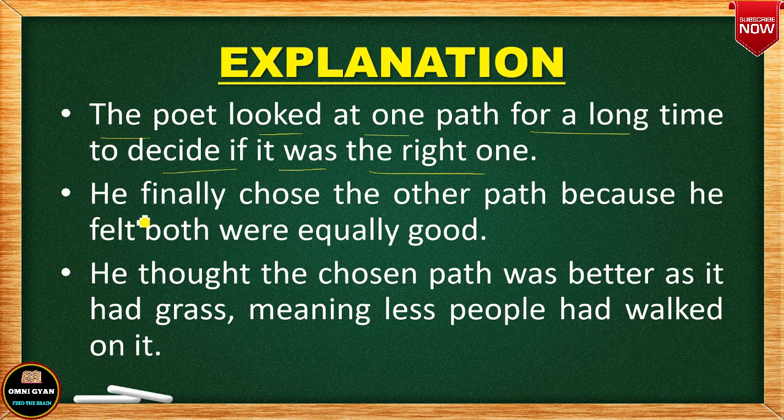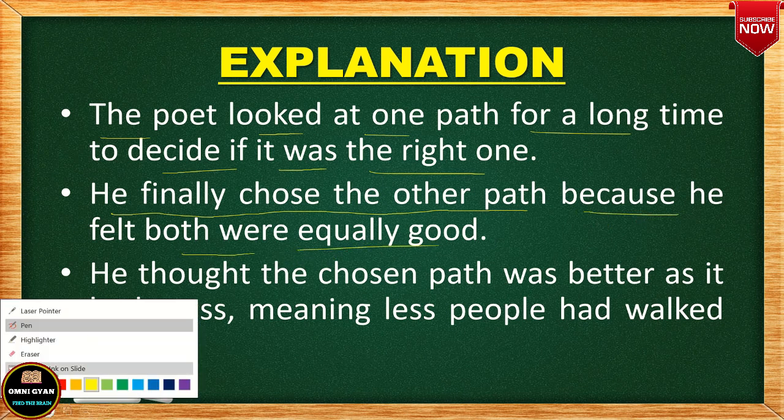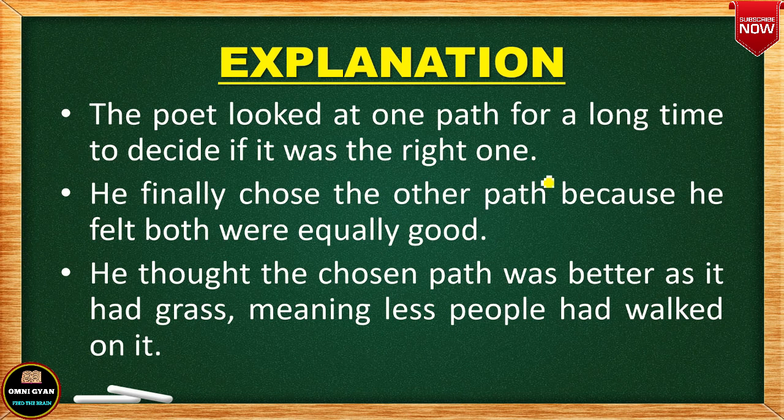Okay, so finally he chooses the other path, the second path, because he felt both were equally good. Now you see, you may feel before taking a decision, if I again give the example of science, arts and commerce, you might feel that all the streams are equally good, but which is good for you, that you must decide. तीनों ही streams अपनी जगह बिल्कुल unique है.